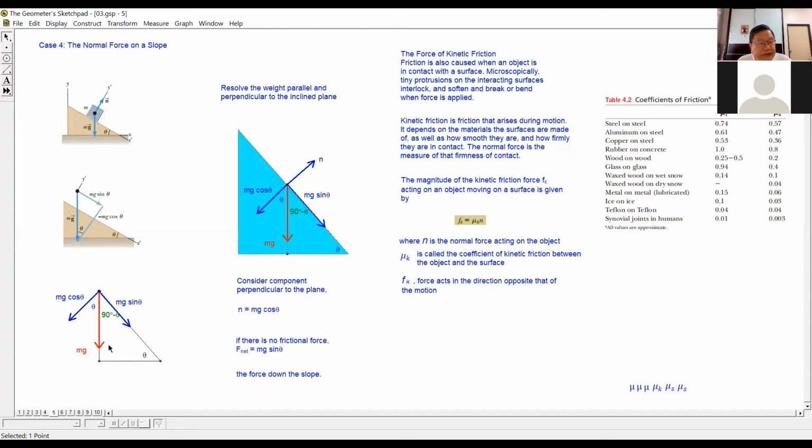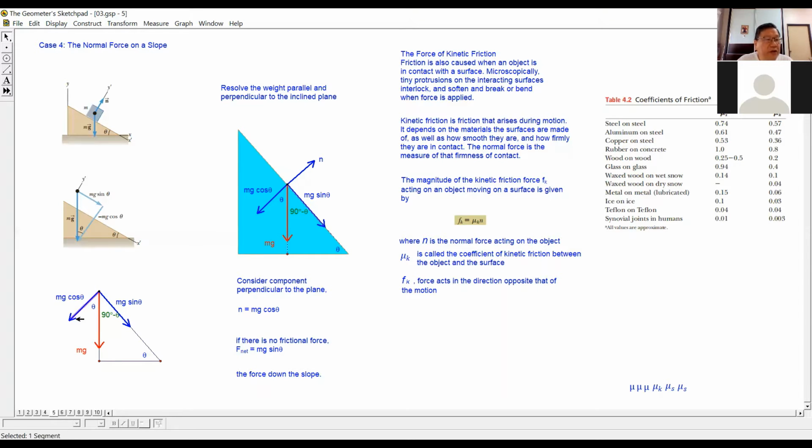Now I'm going to resolve this red arrow, the weight which is vertically downwards, into two components. One component is along the inclined plane, or along the slope. The other component is perpendicular to the slope.